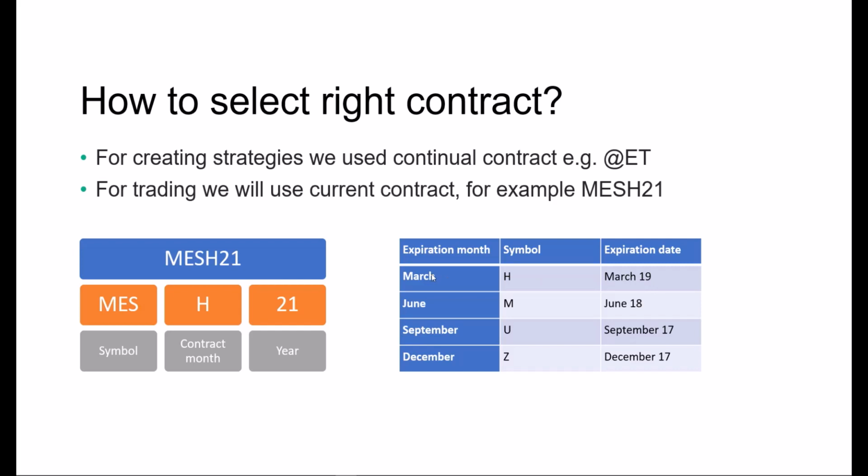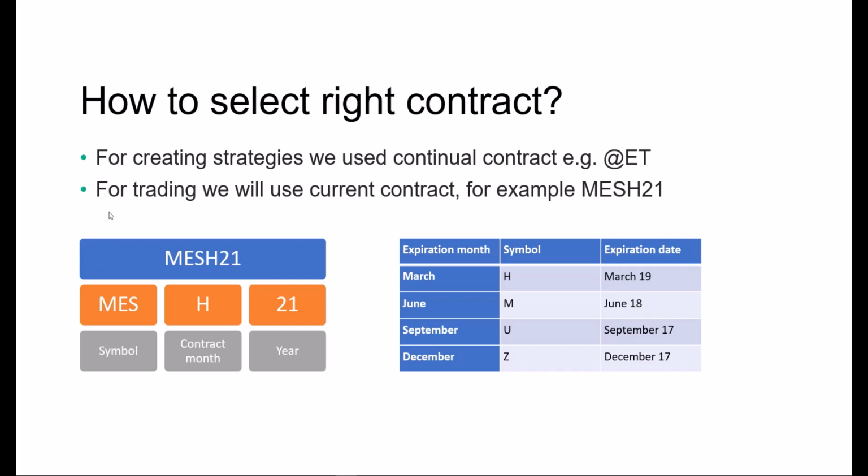And if we move on and the date will be, for example, March 10 or beginning of March, then we will need to switch to June contract.